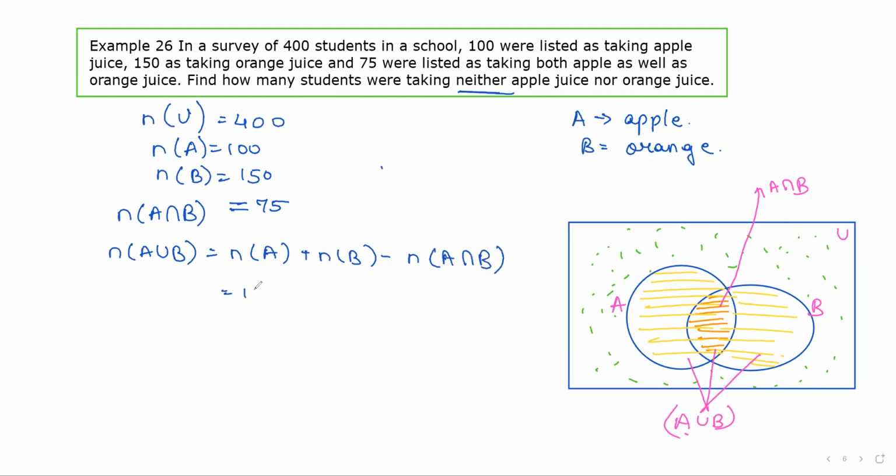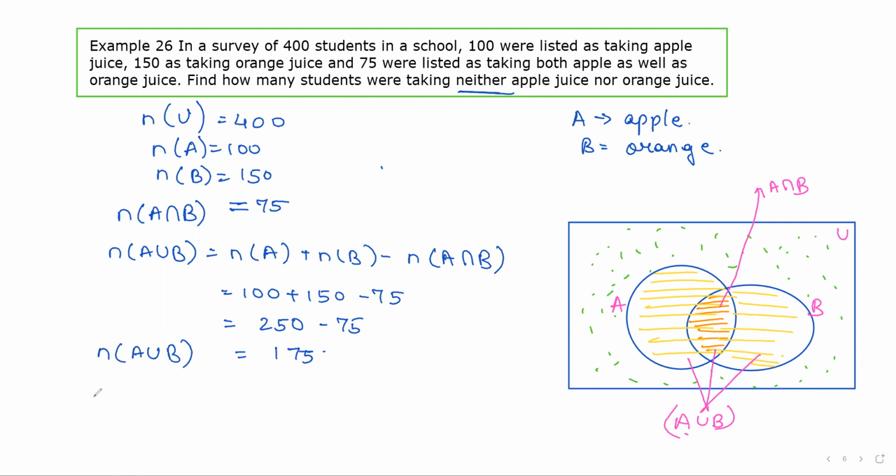So placing the values, you have 100 plus 150 minus 75. So this is equal to 250 minus 75. This is equal to 175. This is the number of elements in A union B, the yellow shaded portion.